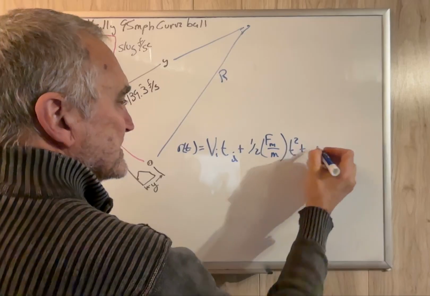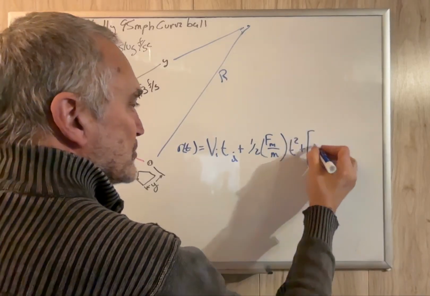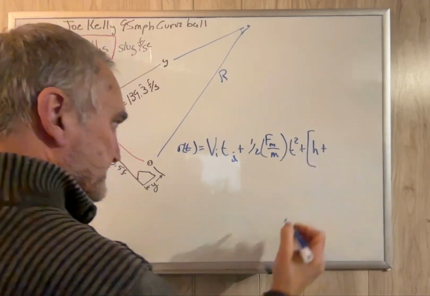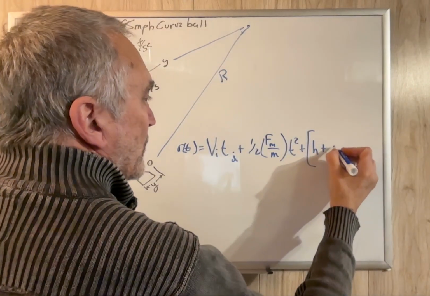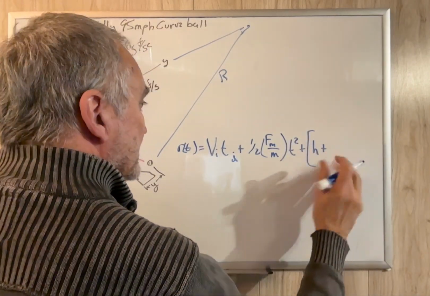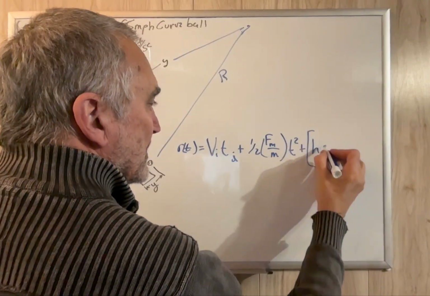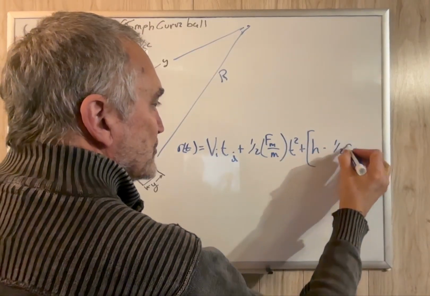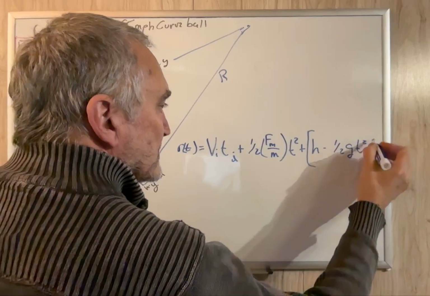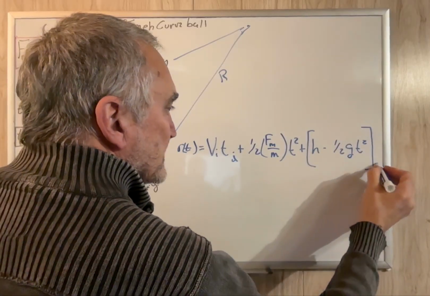Plus my h, actually this would be minus, let's put it this way, h minus 1/2 g t squared. And this is going on in our z direction.